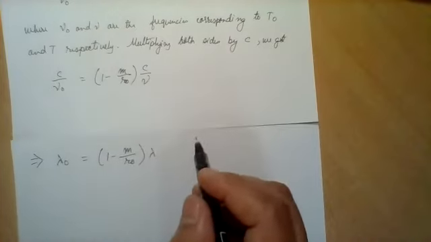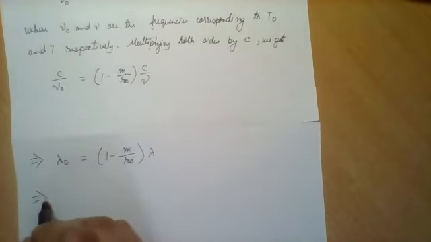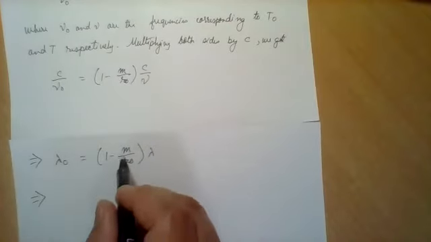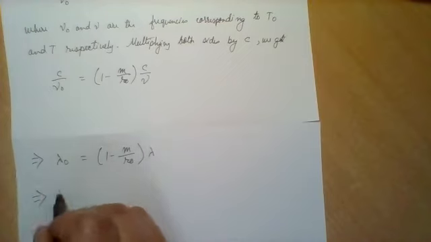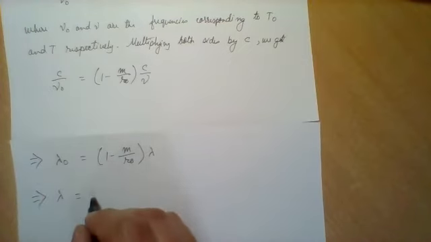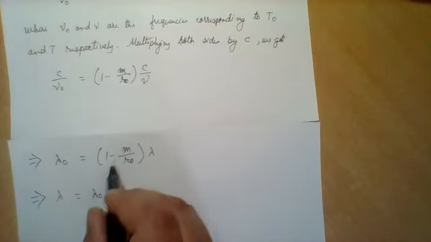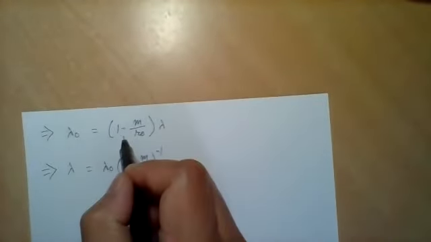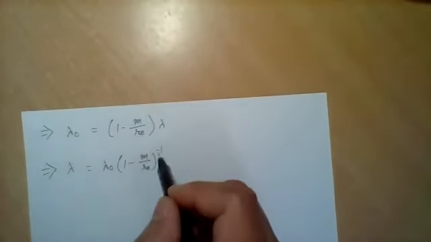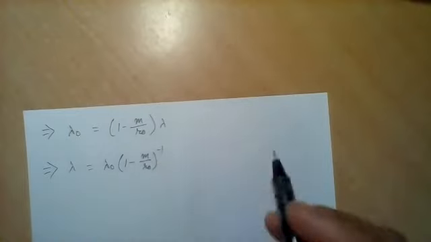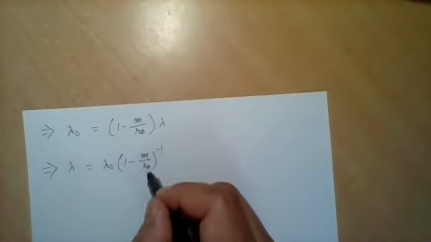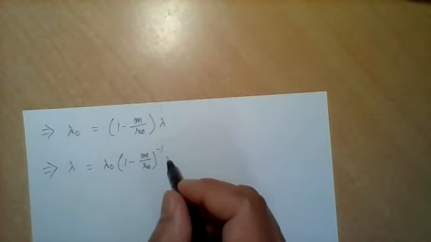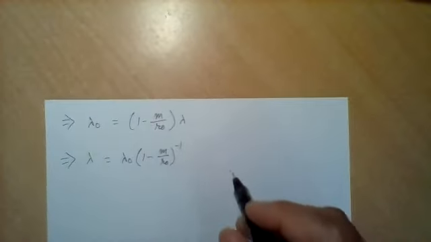Okay, this implies lambda equals lambda0 divided by 1 minus m by r0, that is, lambda0 times 1 minus m by r0 to the power minus 1. And since this is again a small quantity, we can take the binomial expansion and retain only the first term.